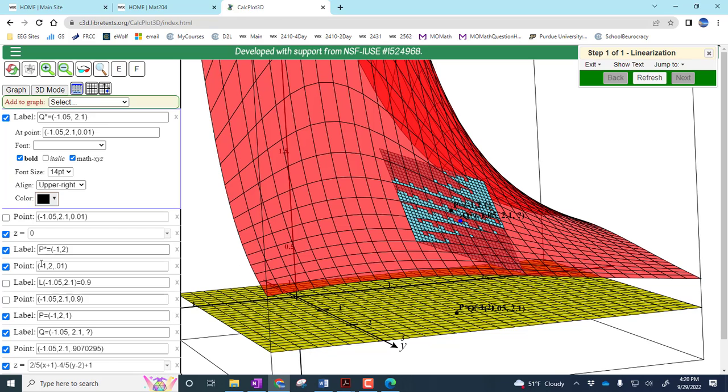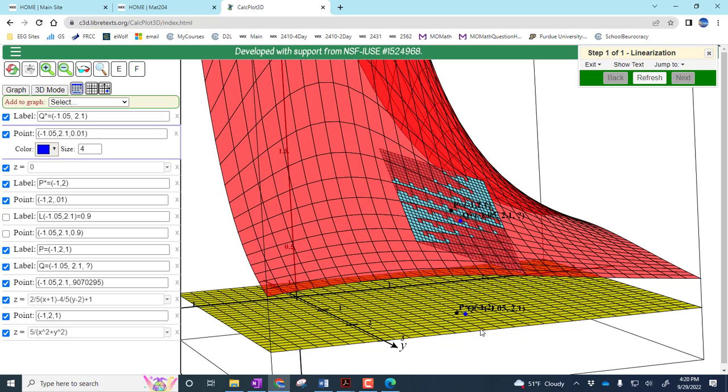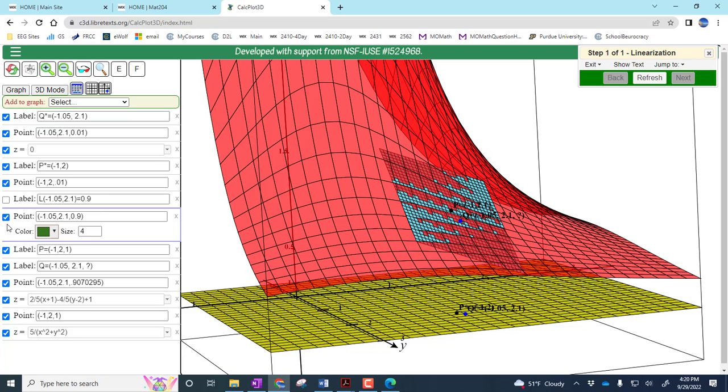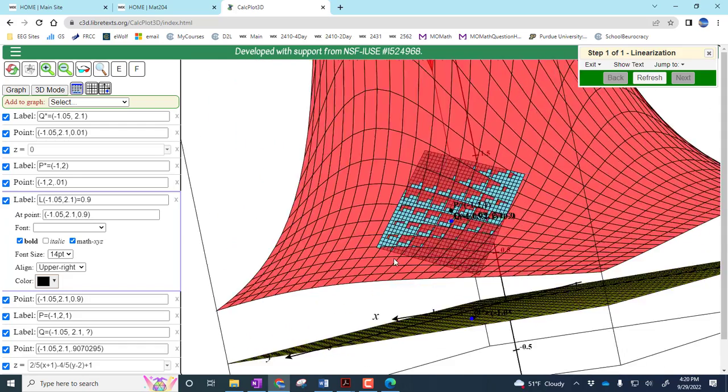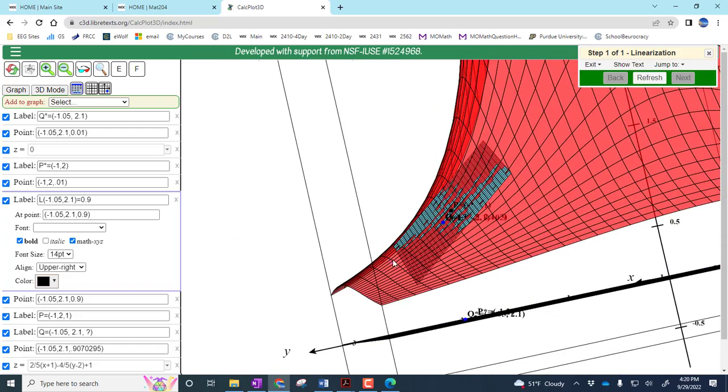So at that domain value right here, so this blue domain value, it gives us this point on our red surface, but we want to know what its z-coordinate is. But instead, what we did was we plugged that point into our, boy, it's not the prettiest thing in the world. There it is. We plug this, see it?